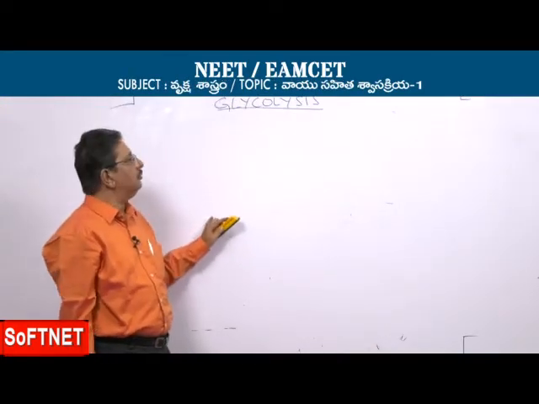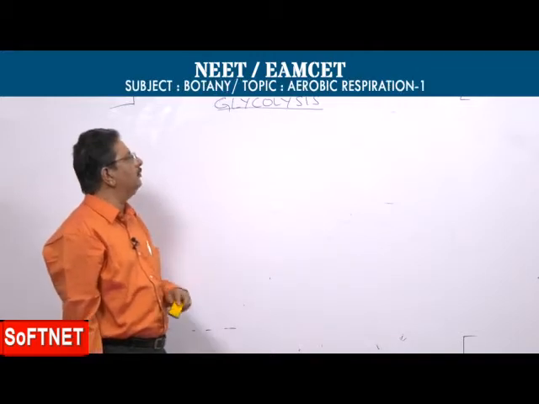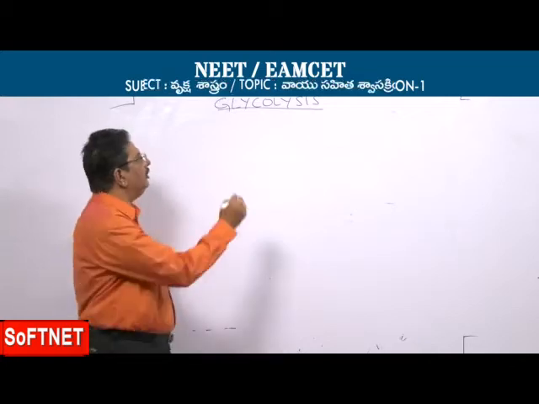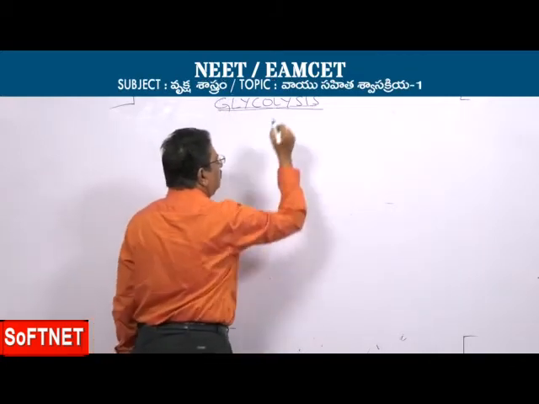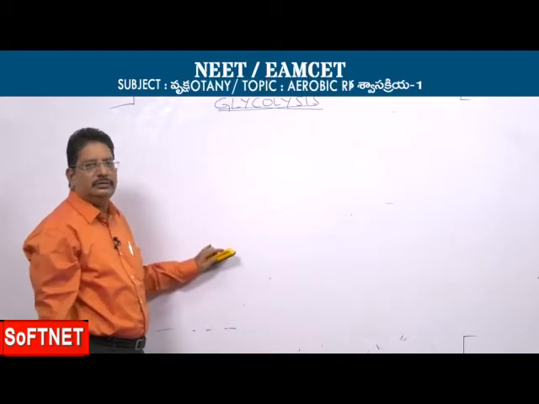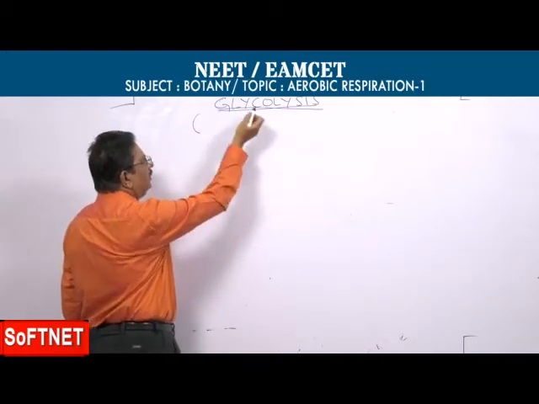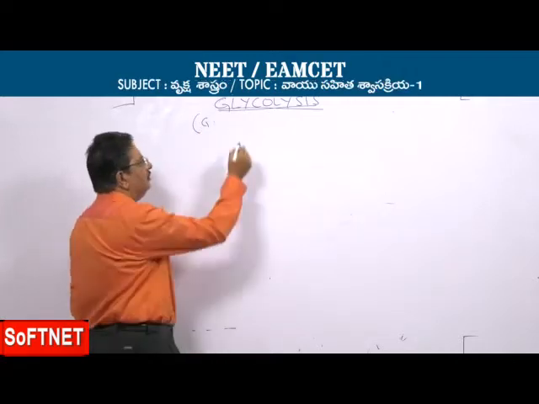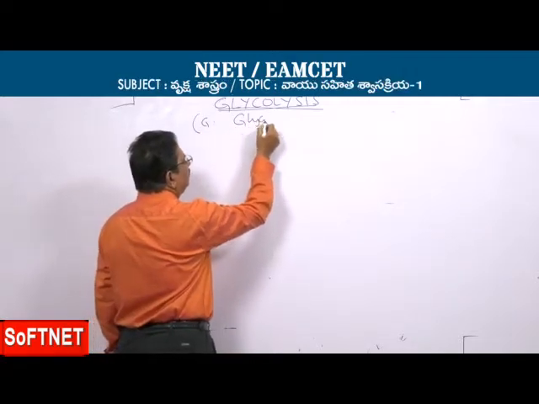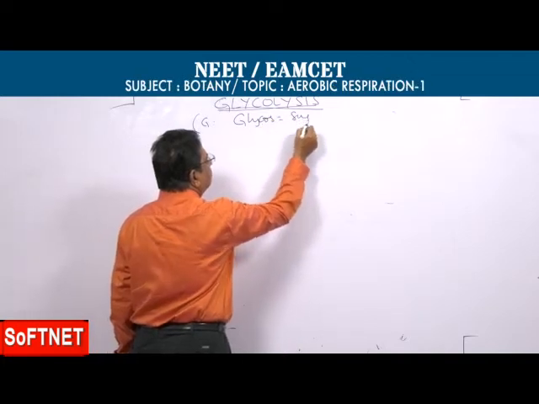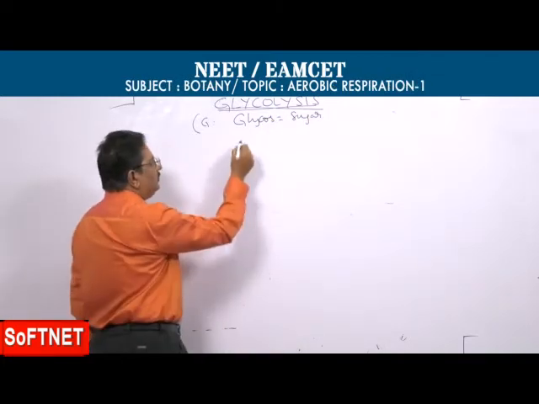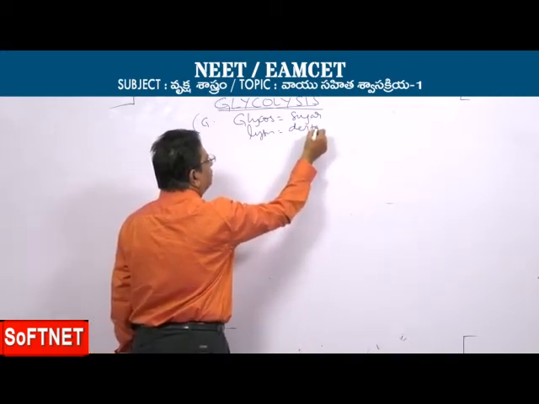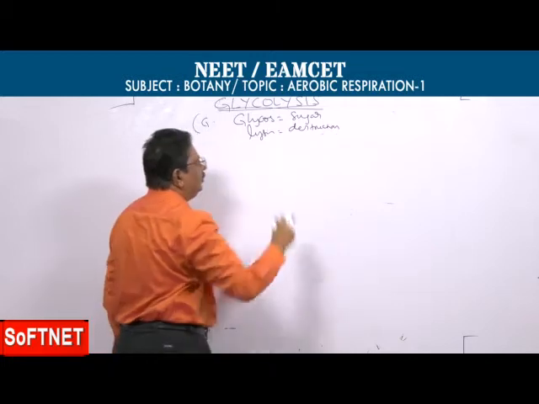Now, we will discuss the first and important step of aerobic respiration called glycolysis. If you take the origin of the term glycolysis, in the Greek language, glykos means sugar, whereas lysis means destruction or breakdown.